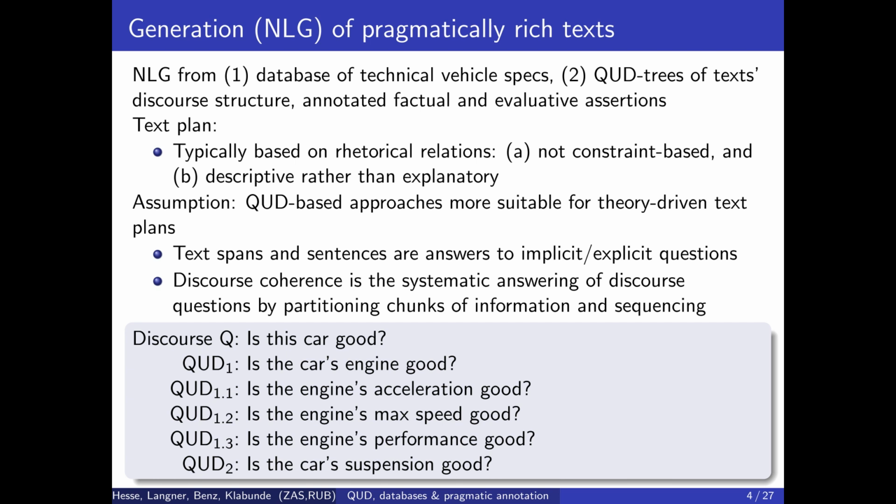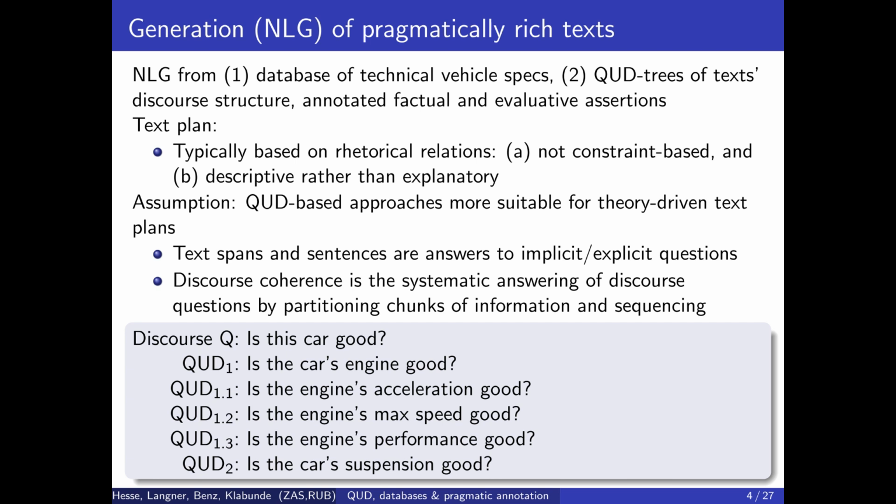We have these vehicle reports that we're trying to model and generate. Every report is about a specific vehicle, a specific car. So the overarching discourse question is: is this car good? And in answering that, we expect that certain properties of the vehicle, the car, will be named and evaluated.